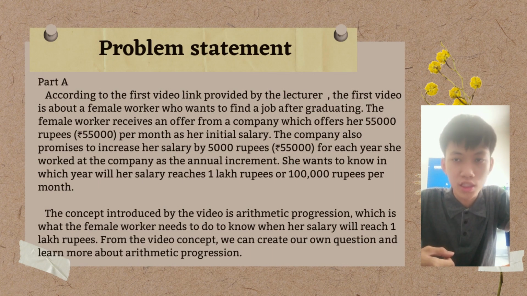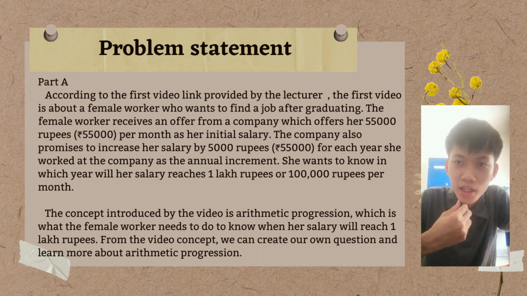Firstly, the problem statement, Part A. According to the first video link provided by the lecturer, the video is about a female worker who wants to find a job after graduating. She receives an offer from a company which offers her 55,000 rupees per month as her initial salary. The company also promised to increase her salary by 5,000 rupees for each year she worked at the company as the annual increment.